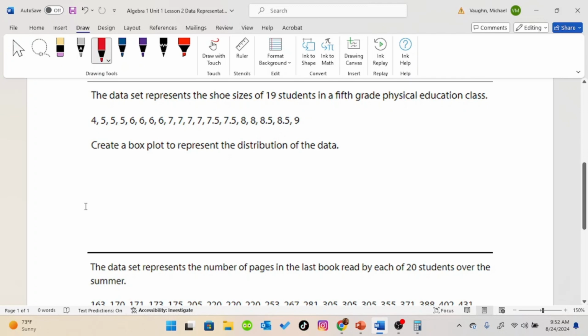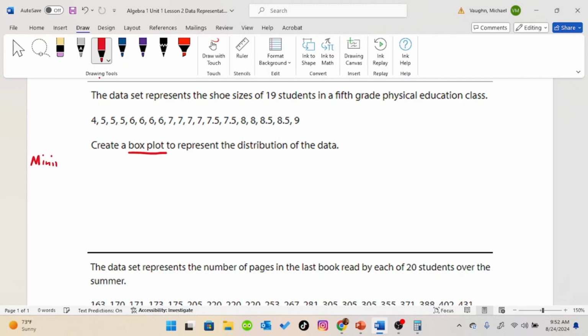The data set represents the shoe sizes of 19 students in a 5th grade physical education class. Create a box plot to represent the distribution of the data. So, if we are going to create a box plot, we need the 5-number summary.